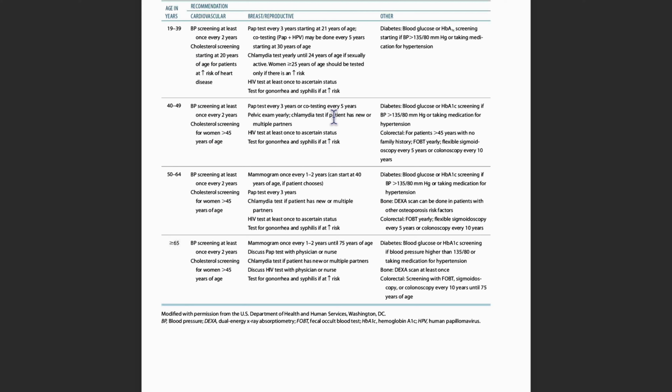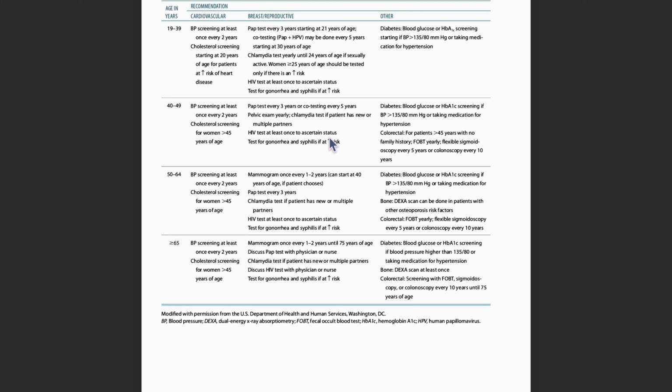Pap test every 3 years, or co-testing. Okay, same thing as that. Every 5 years. Okay, so co-testing is done every 5 years, similar to this. Okay, pelvic exam yearly, chlamydia test if patient has new or multiple partners. Okay, this was up to 24, and after 24 only if it's high risk. Okay.